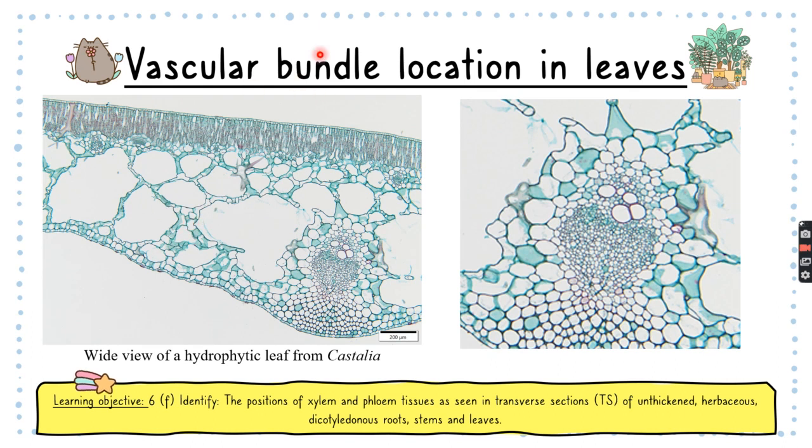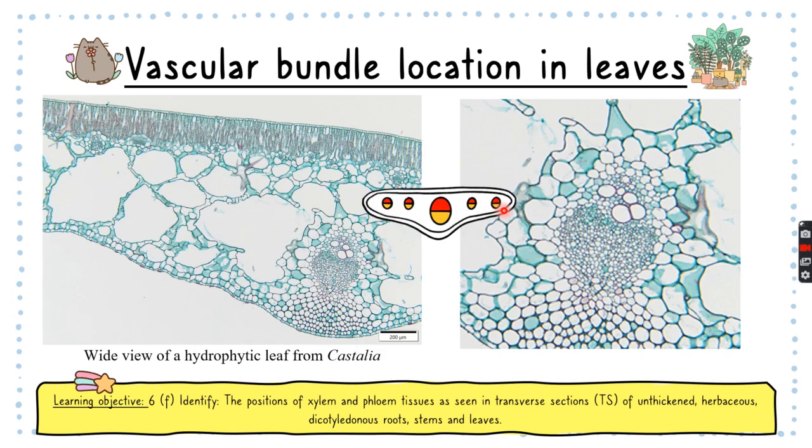But what we're looking at here, the vascular bundle, just like how we usually draw them, you've drawn this before as well. The vascular bundle is right in the middle. So if you are looking at the cross section of the leaf, you know that wherever the vascular bundle is, that's where the veins are.